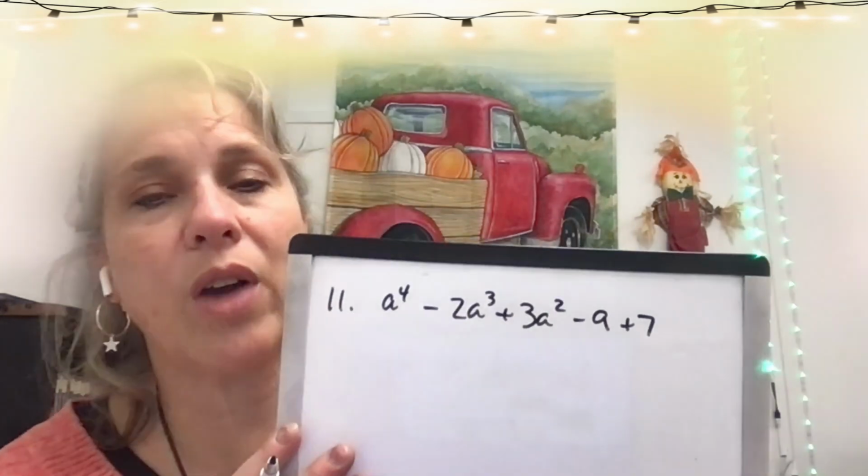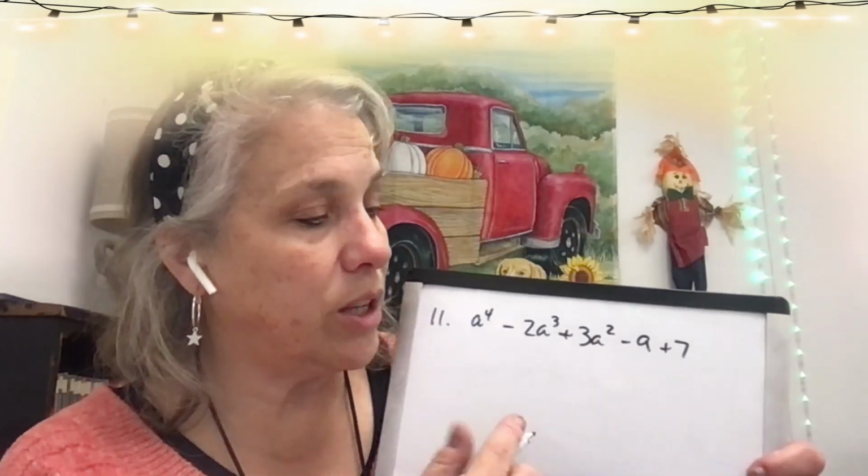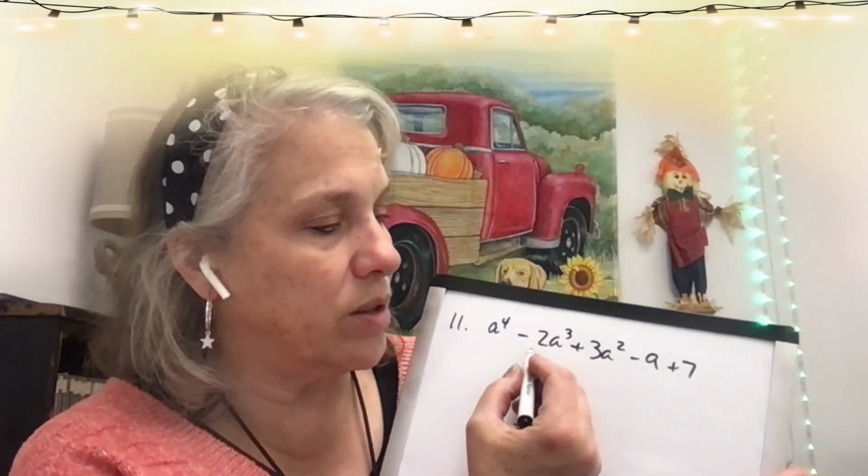Number 11, you are going to combine like terms. So 11, we have quite a bit to do here. a to the 4th minus 2a cubed plus 3a squared minus a plus 7. All right, and now I'm going to write the next polynomial underneath only the ones that match up.